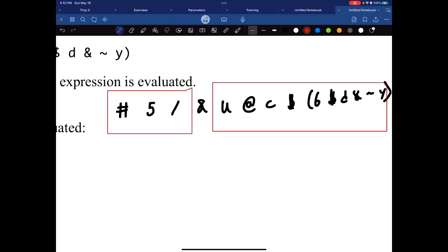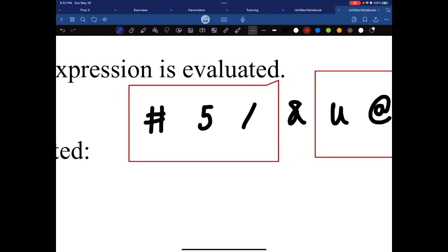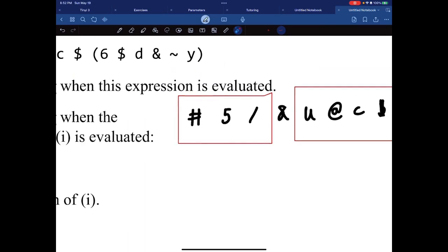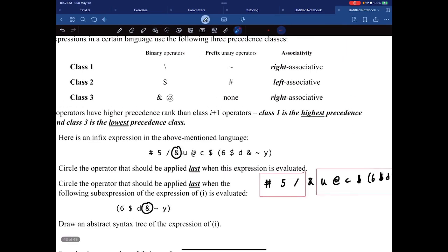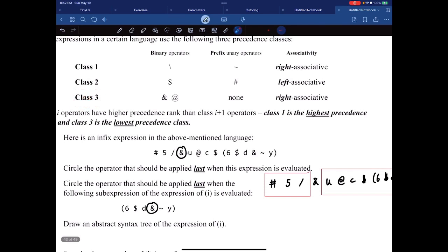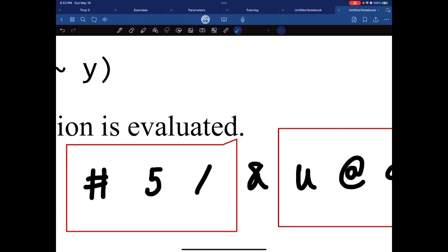Then on the left side, we say, which is going to be applied last here, the hashtag or the division symbol? Let's check. Do we have any class 3s? We don't. Okay, so we're going to go to class 2. Do we have any class 2s? We do. We have a hashtag. And there's nothing else here in class 2, so this hashtag is going to be applied last. So we're going to have something like this.